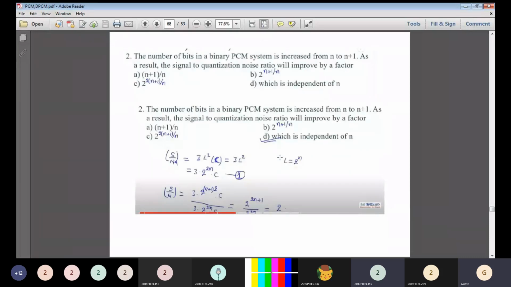So the next problem is, the number of bits in a binary PCM system is increased from n to n plus 1. As a result, the signal to quantization noise ratio will improve by a factor.